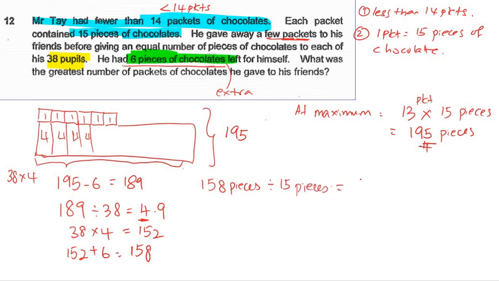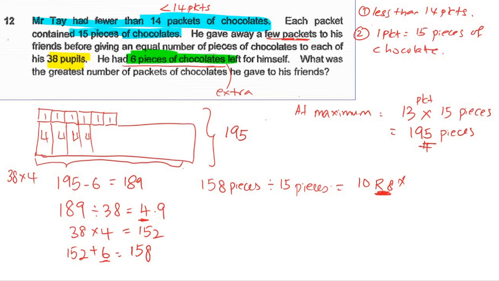I will have 10 packets with a remainder of 8 sweets. No, this cannot be. I cannot have any remaining, because over here I already know that I have this extra 6 which I already added in. So I shouldn't have any remaining. Okay, then this is not possible.